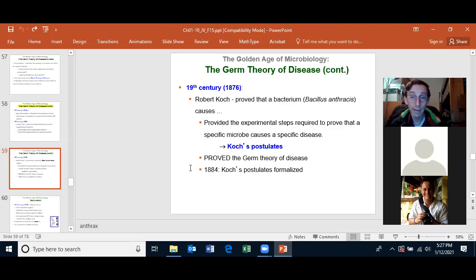He then provided the experimental steps required to show that Bacillus anthracis caused anthrax, and said that these are the steps you need to show that any given microorganism causes a specific disease. These steps are known as Koch's postulates. With that, he proved the germ theory of disease: a given organism causes a given disease, anthrax. And he published the steps he used, known as Koch's postulates, 2 years later.